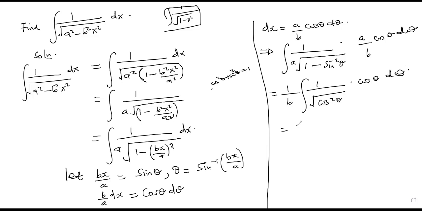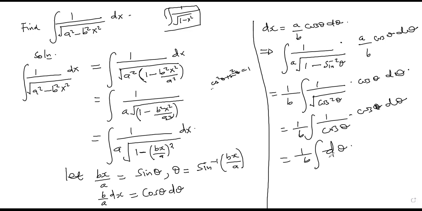So this is the same as 1 over b integral of 1 over the square root of cos squared theta, which is cos theta, times cos theta d theta. Cos theta and cos theta will cancel, and we shall remain with 1 over b integral of d theta. When you integrate d theta, you get theta plus c.